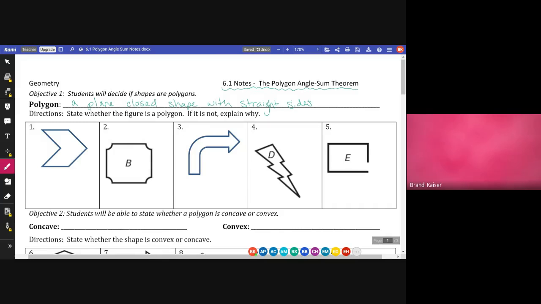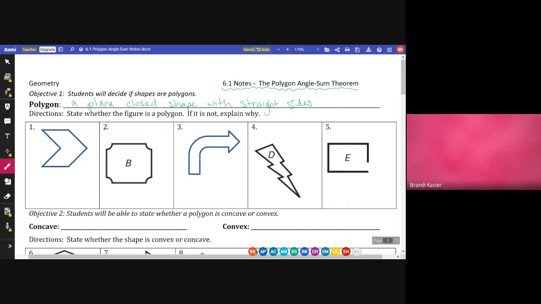Plane, this spelling of plane, means like a coordinate plane, which means that it's two-dimensional. Closed means that there should be no spaces or gaps around the edge of the shape. And straight sides, there should be no curves, no squiggles, anything like that. Everything should be perfectly straight lines.